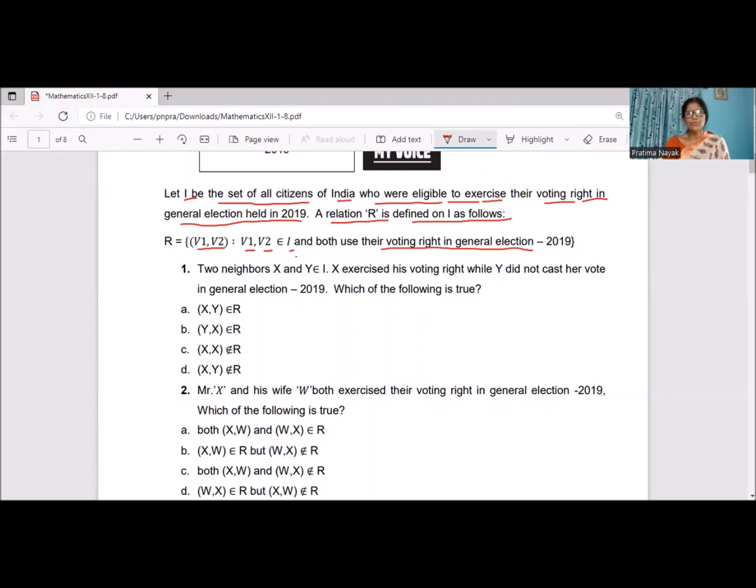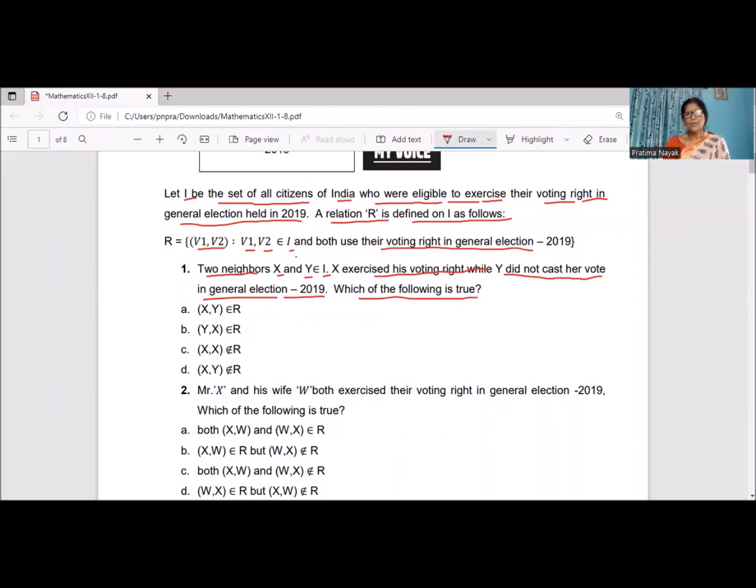Now coming to the question. Two neighbors, X and Y, belong to I. That means they are citizens who were eligible to vote. X exercised his voting right, that is, X cast the vote, while Y did not cast a vote in the general election 2019. Which of the following is true? (X, Y) belongs to the relation.